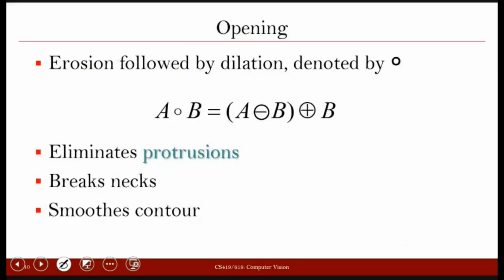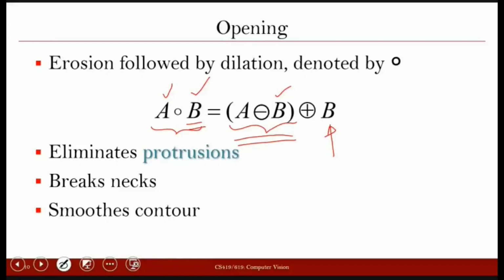Okay. So mathematically, we can say that opening can be defined using this equation. B is a structuring element. With the help of B, we are performing the opening operation on A. And since, as we discussed, opening is nothing but erosion followed by dilation, first A is eroded by B, and then whatever output we get from here is dilated with the help of B again.